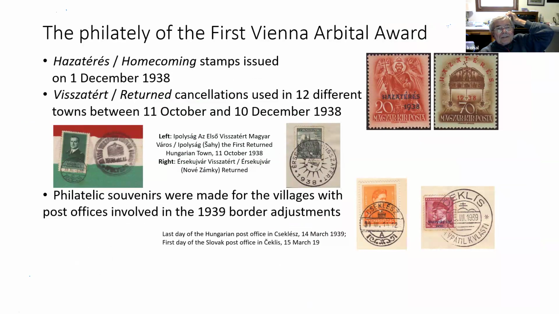The Visszatért cancellations were used between October and December as the military went ahead and reoccupied the area. Ipolyság was the first town returned, basically at the start of the negotiations between the Hungarian and the Czech governments.